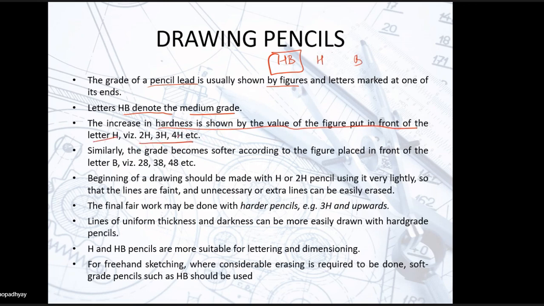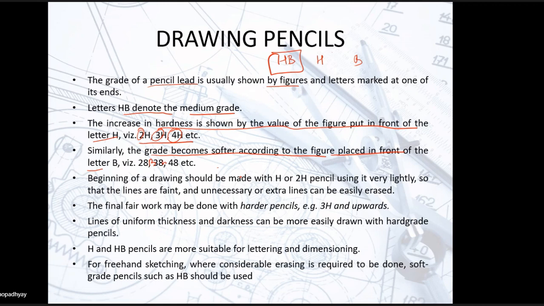As you increase this number, the hardness of the pencil increases. Similarly, the grade becomes softer according to the figure placed in front of the letter B. So 2B, 3B, 4B. As you increase this number, the softness increases, right? So one is a harder pencil, another is a softer pencil.